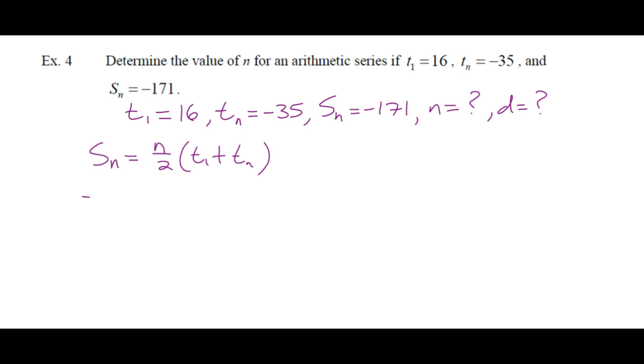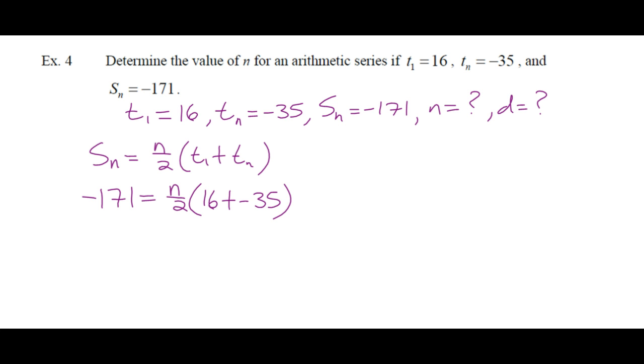All right, so negative 171 is equal to n over 2, and we've got 16 plus negative 35. Step 1. Multiply both sides by 2. At the same time, I'm going to add the stuff that's in the brackets, right? Because why not?